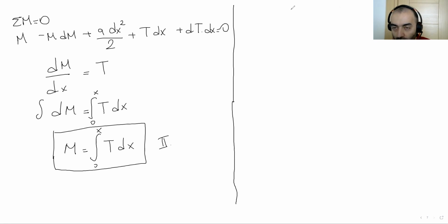To draw the internal force diagrams, I'm going to give a chart for you, which helps while you're drawing the internal force diagrams.